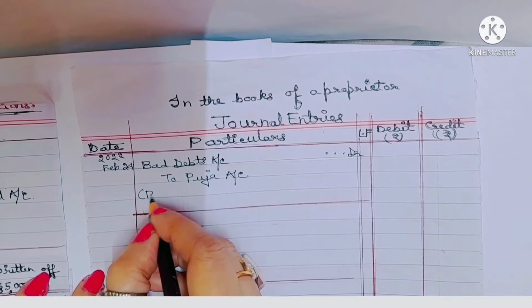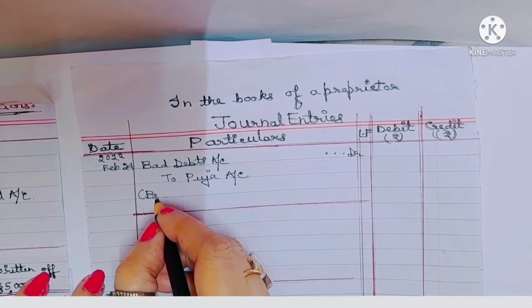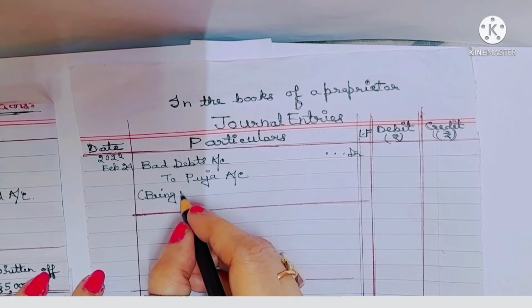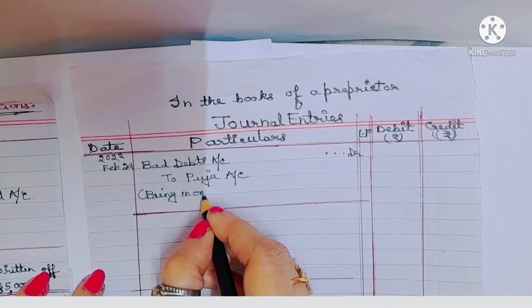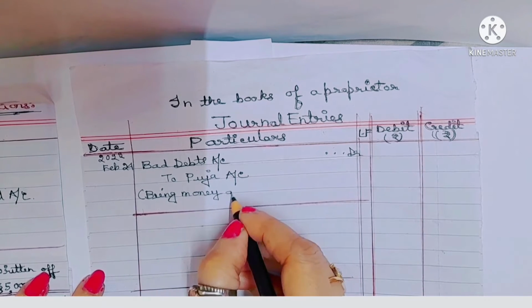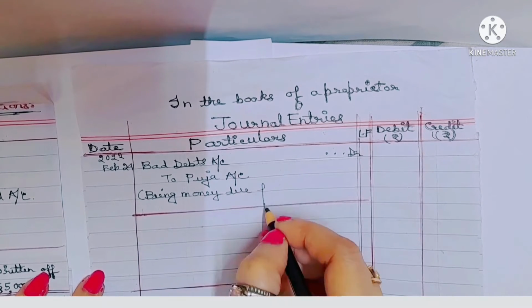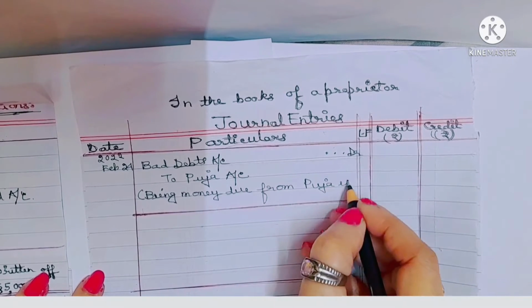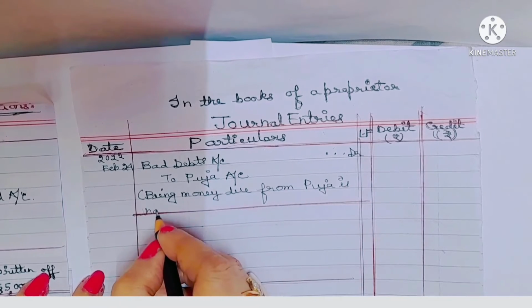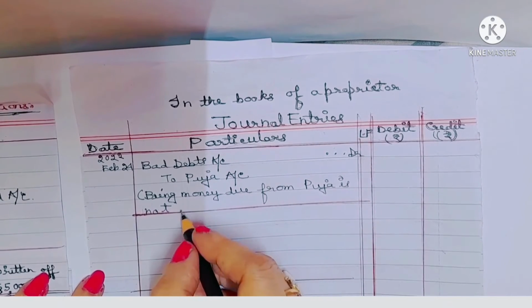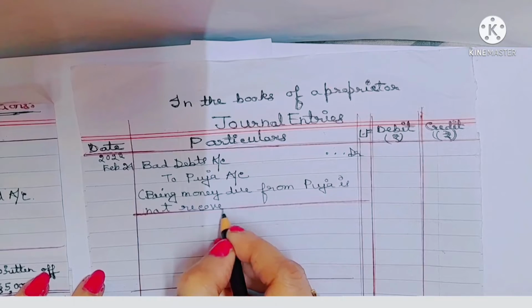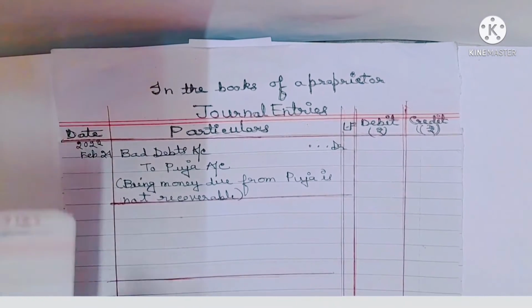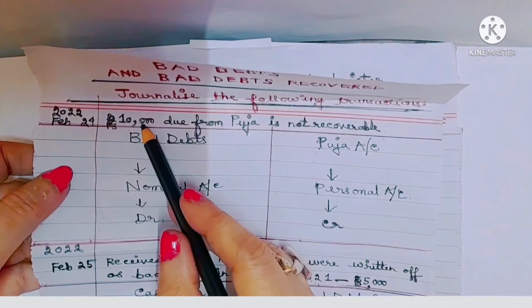Write narration always in a bracket. Being money due from Pooja is not recoverable. So what is the amount? 10,000.